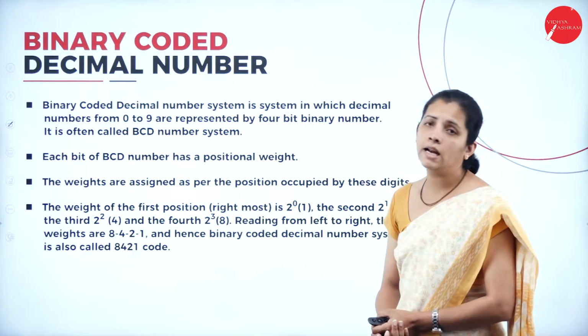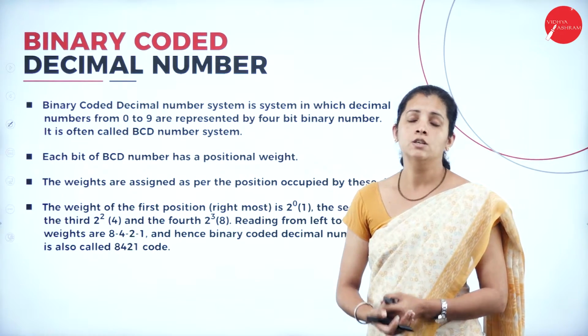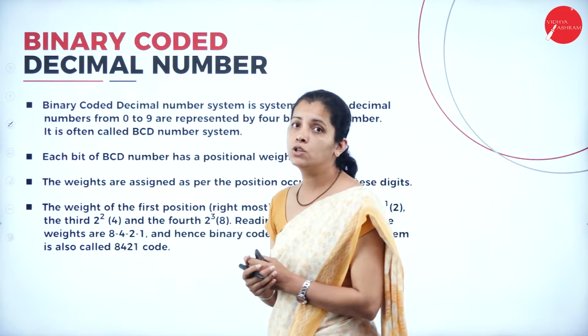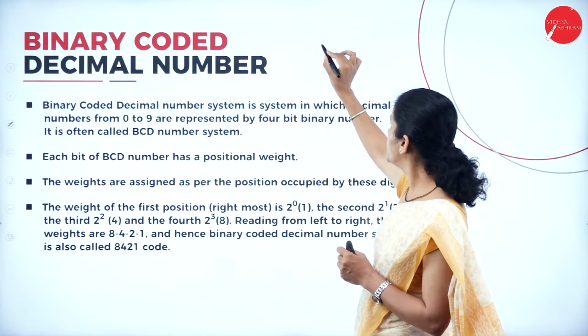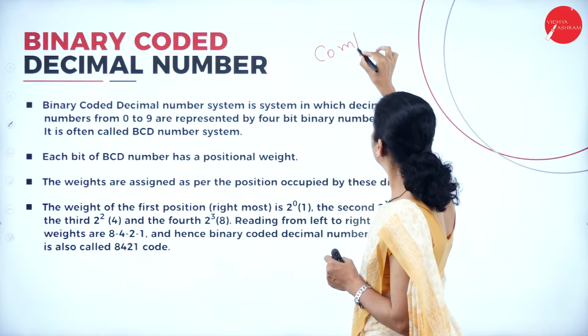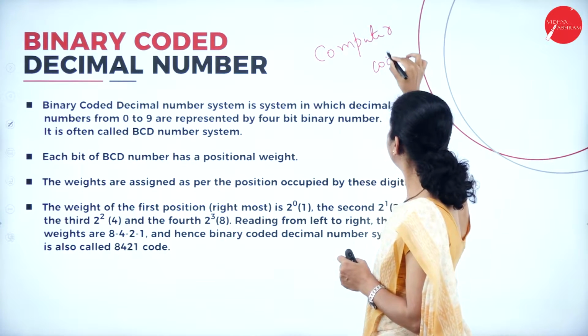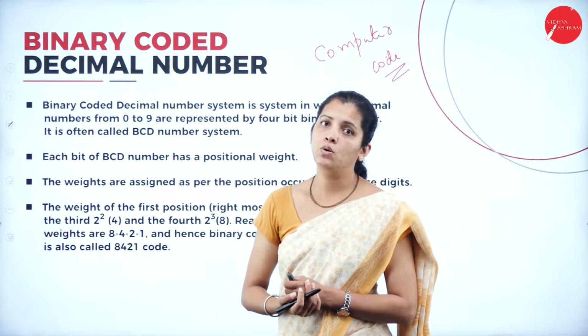Now dear student, I am going to cover binary coded decimal. So this is nothing but a computer code. Now dear student, tell me why I require computer code. So what is the need of computer code?